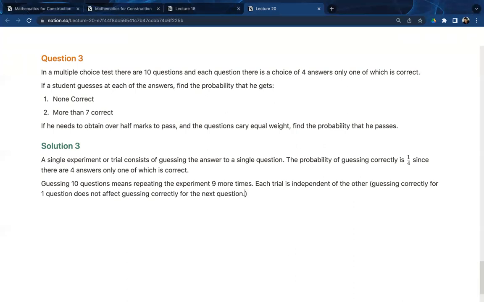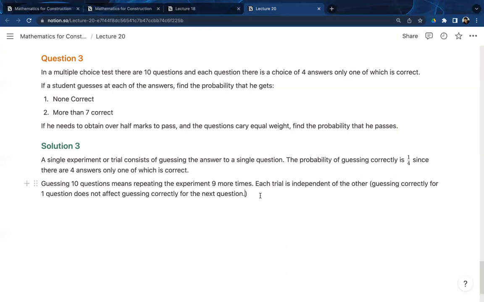Right, so guessing correctly for one question doesn't affect correctly guessing the next question. Okay, so the independent trials are repeated 10 times, right? The same experiment is done 10 times, and the probability of success is a quarter.